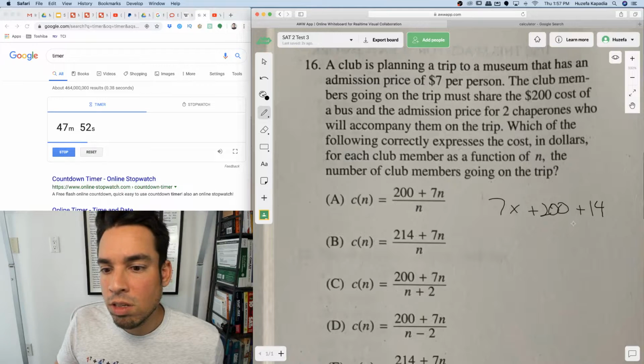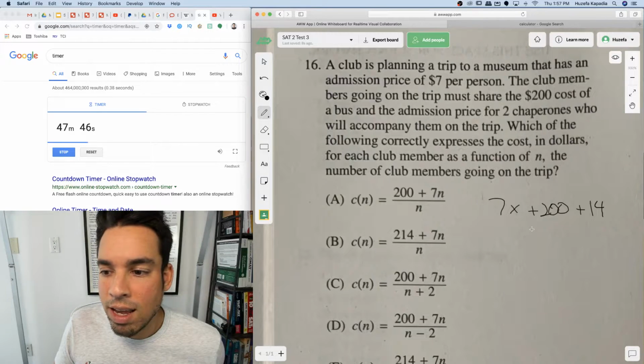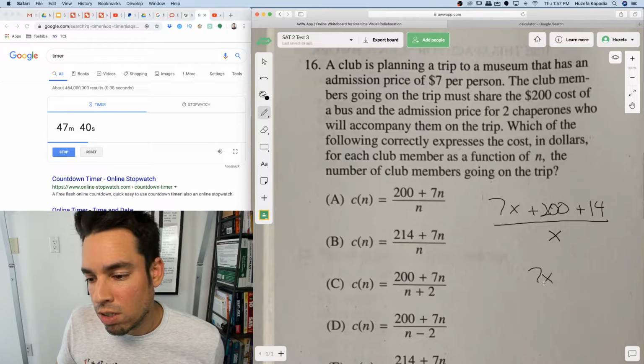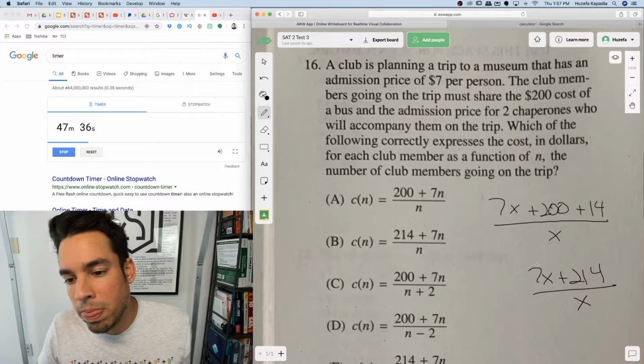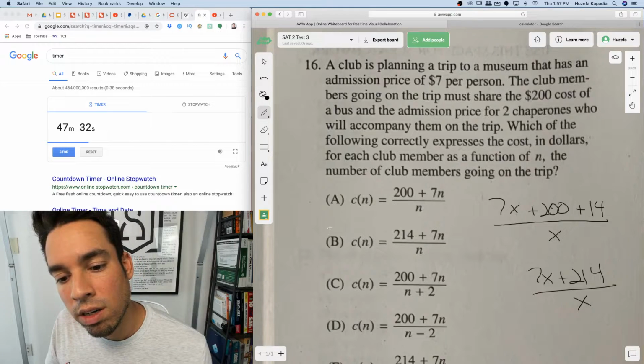Which of the following correctly expresses the cost in dollars for each club member as a function of n? I did it as x, but whatever. As a function of n it would be all of this divided by the people that are there. So if I want to reduce this, it's 7n plus 214 over n. It's this one.